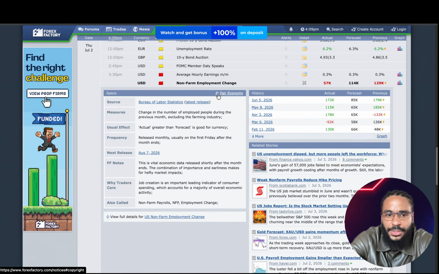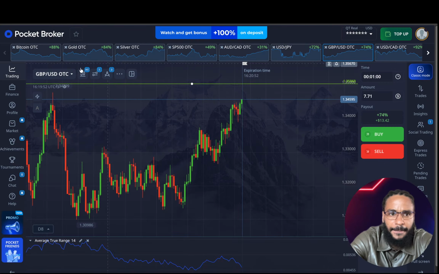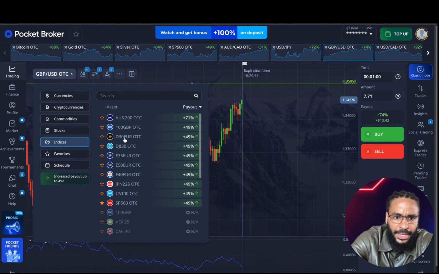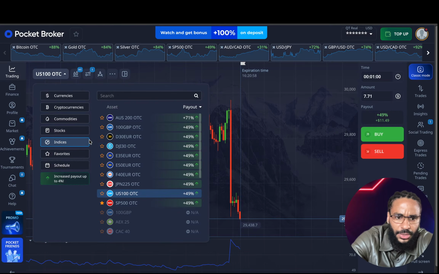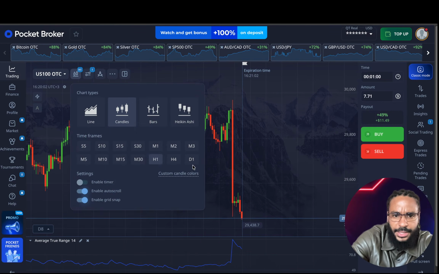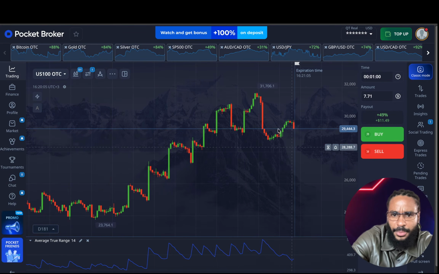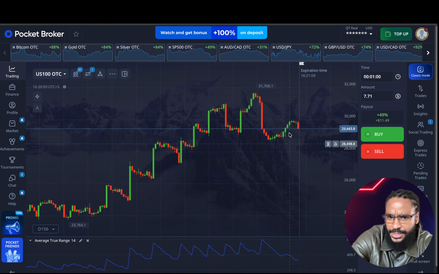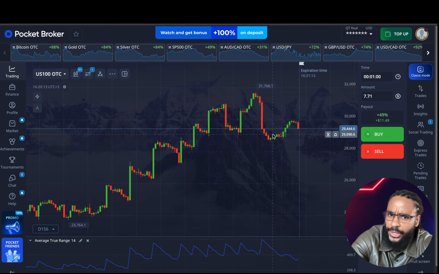Look at what happened to the dollar immediately. If you go check out the index, you want to see what is happening with, say, the US 100, and fast forward that to a daily and actually see the movement, right? We start to see some kind of loosening up here and weakness. That is clearly showing a weakness.